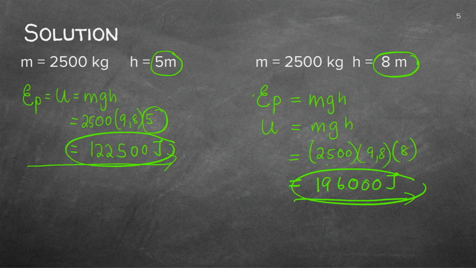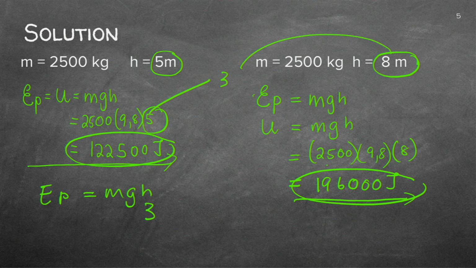196,000 joule. Now, just for interest's sake, let's work out what the difference is when I use the 3, because between the 5 and the 8, I've got a difference of 3. I'm going to take the 2,500, multiply it with 9.8 and with the 3, and the value is 73,500 joules.